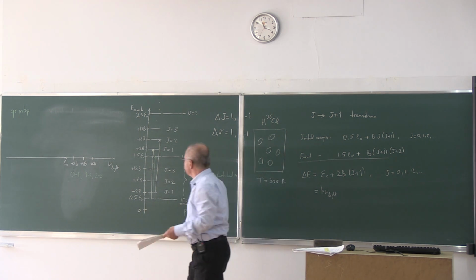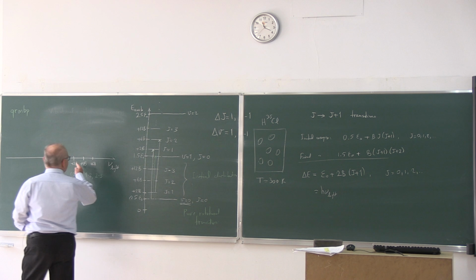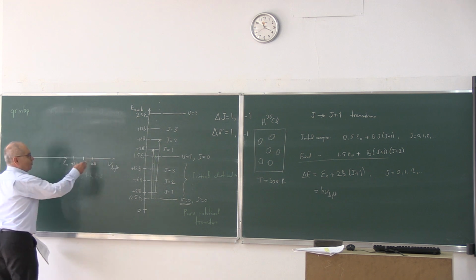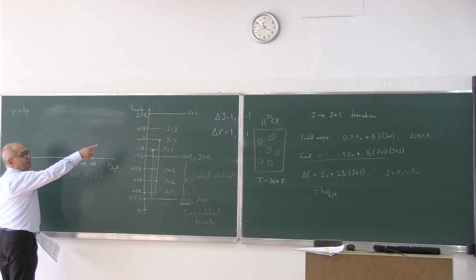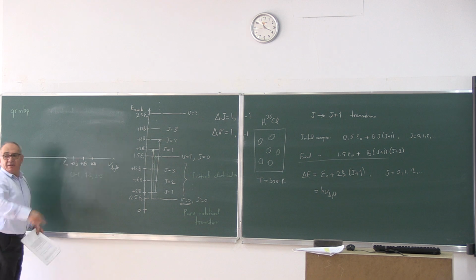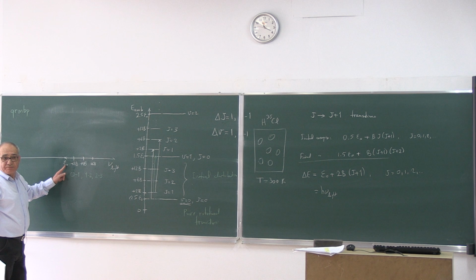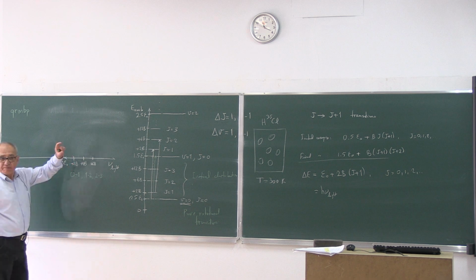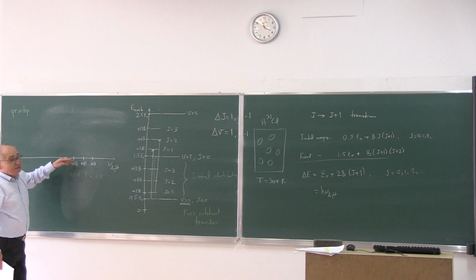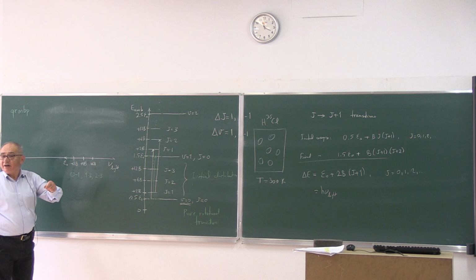Now, you see that the energies of photon in J to J plus 1 transitions are larger than F0, which is the vibrational spacing. This part of the absorption is called R branch.